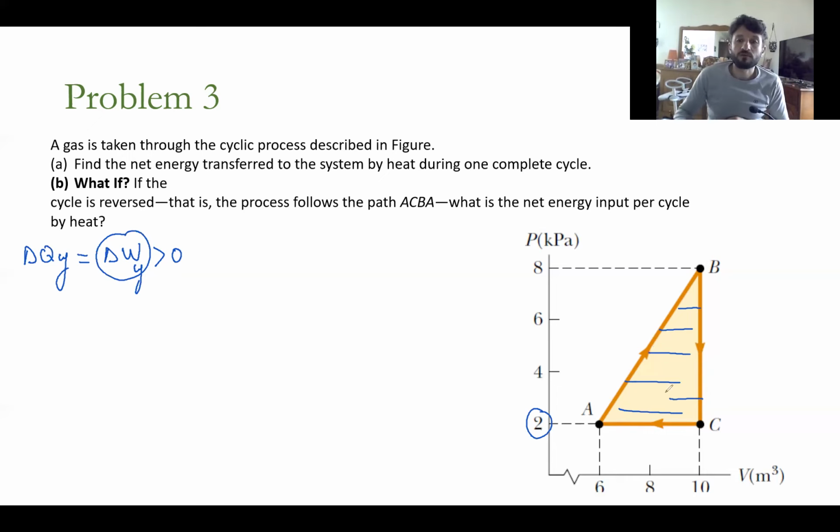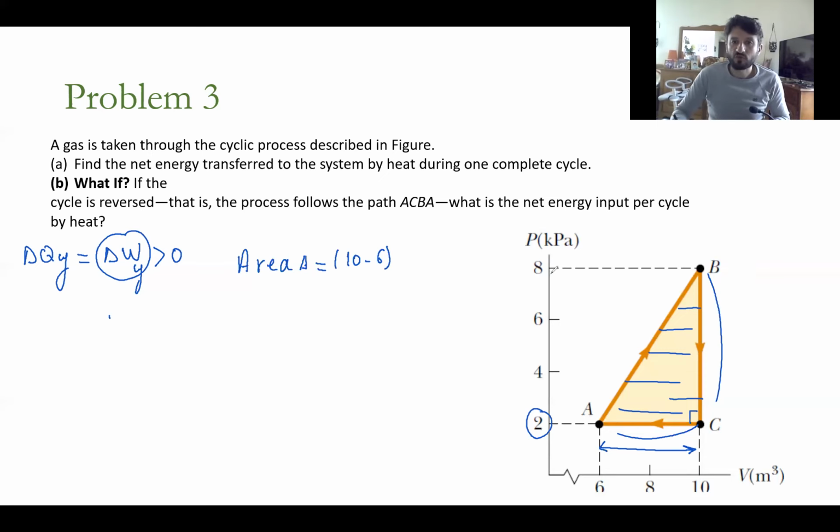It's a right triangle. The area of this right triangle equals this side times this side divided by 2. This side equals delta V, from here to here, equals 10 minus 6.